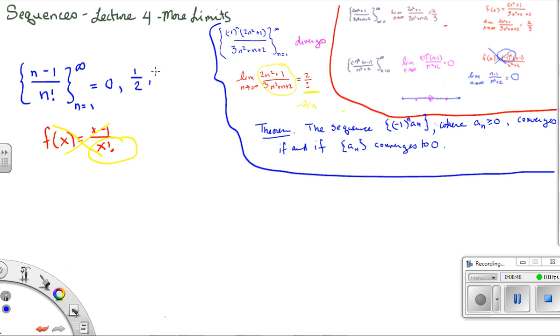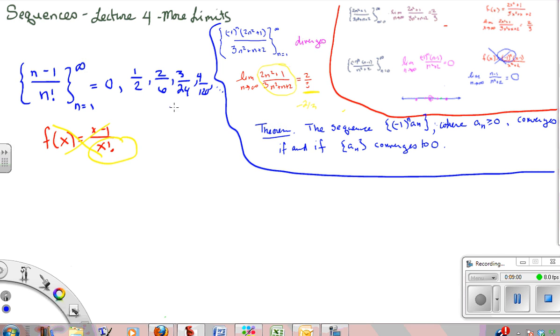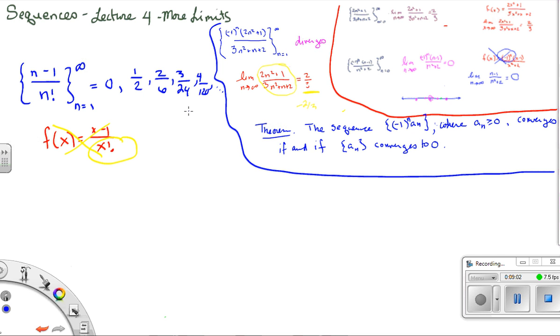I get 2 over 3 factorial, which is 6. 3 over 4 factorial, which is 24. 4 over 5 factorial, which is 120. And you can kind of see the denominator is getting bigger a lot faster than the numerator. What does that suggest to you? Yeah, it suggests that you should be converging to 0.